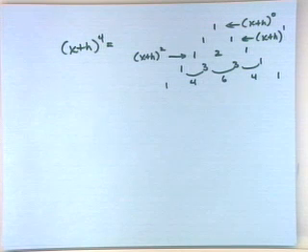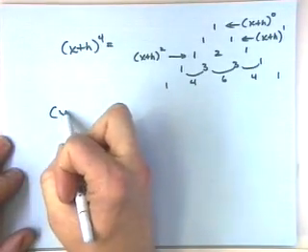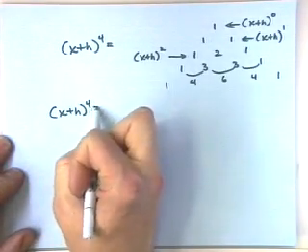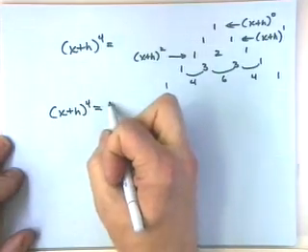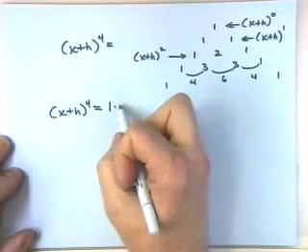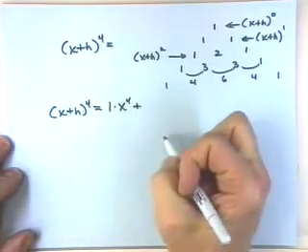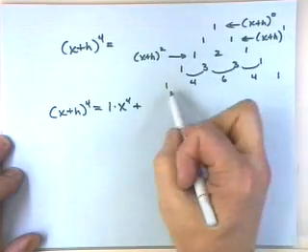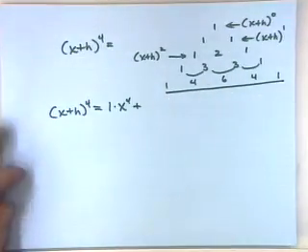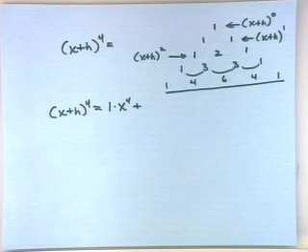Now I think there's a better way. There's a little more concise way we could develop this, but since that's our starting point, the first term ought to be 1 x to the fourth, right? According to this line right here. These would be the coefficients of a binomial expanded to the fourth power.